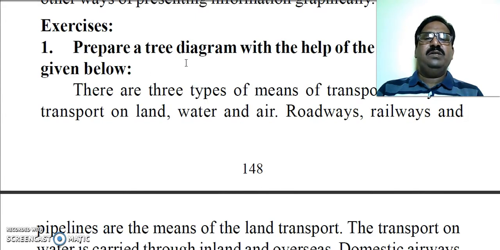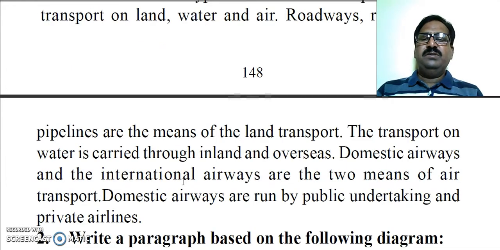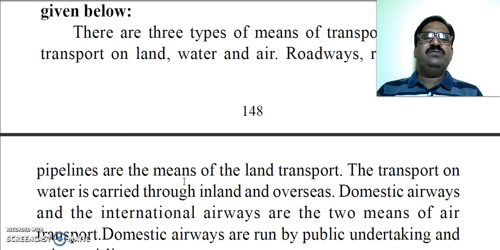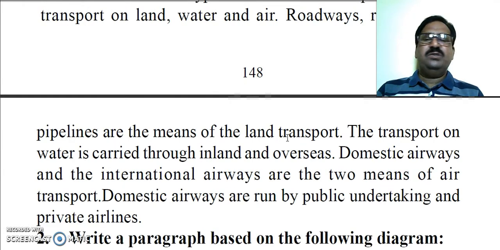See here, it is the information about the tree diagram, and how it can be classified. The transport can be classified as land, water and air. The transport on the water is carried through inland and overseas.